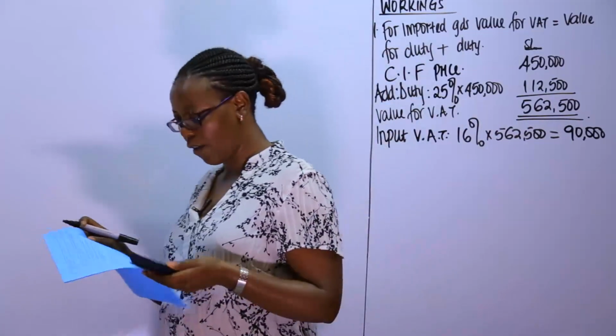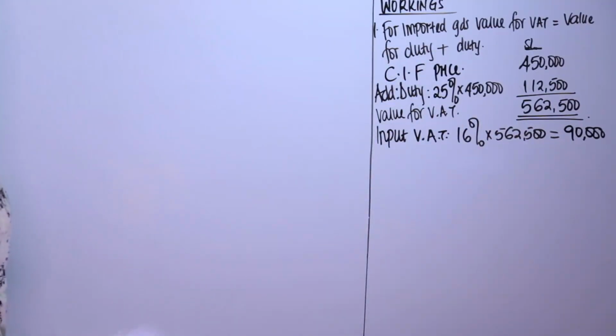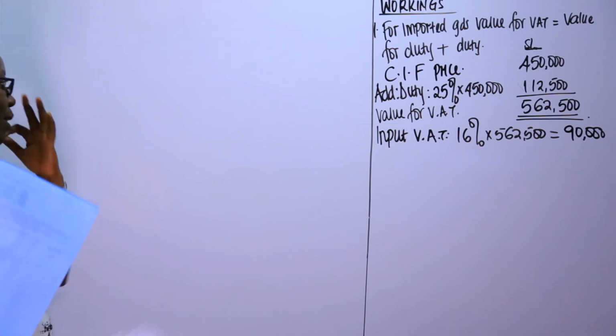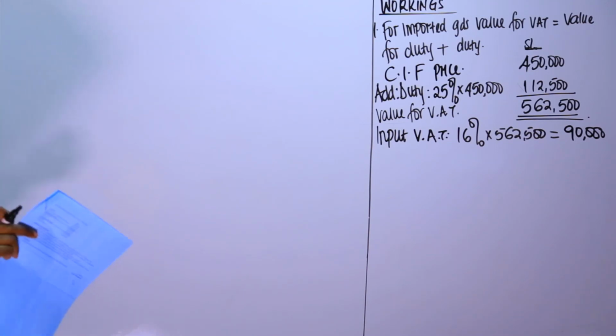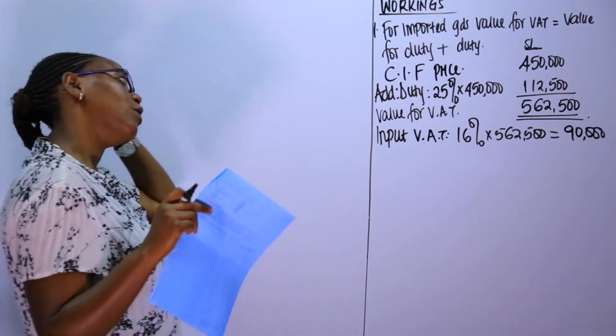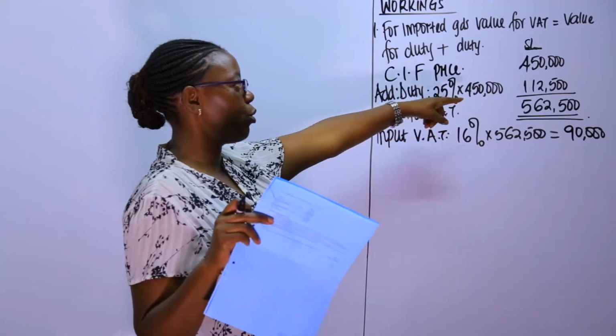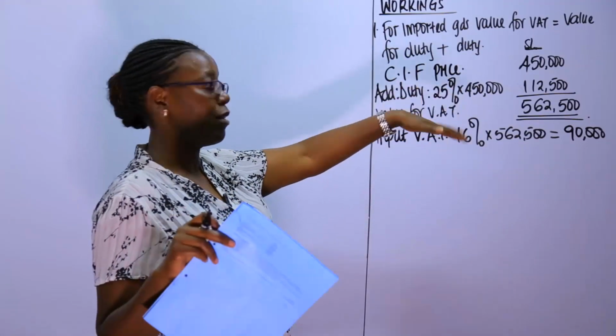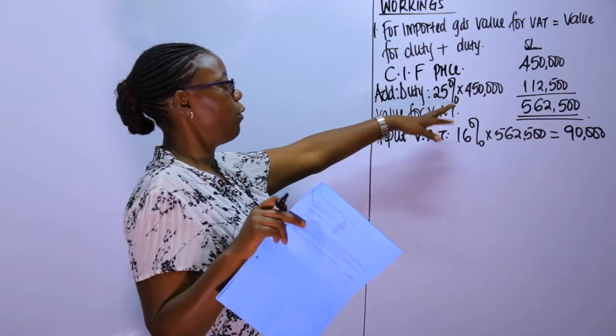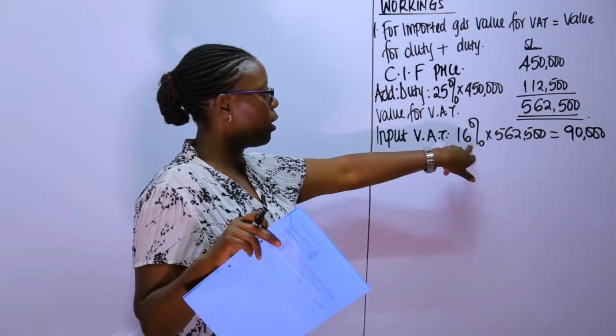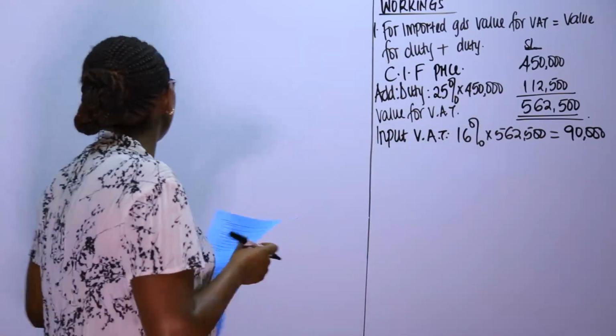So on the goods that we have imported, we take value for VAT, that is the CIF price, the cost, the insurance and the freight up to the port, 450, add customs duty, 112. If you had excise duty, you would also add it, value for VAT, and then we compute 16%.